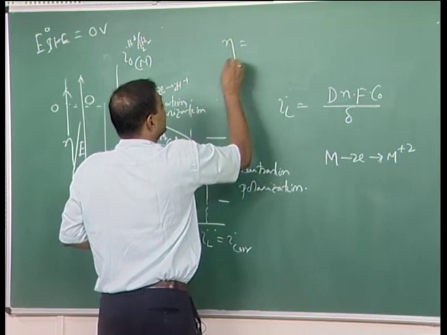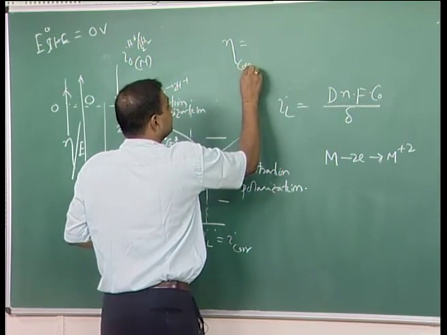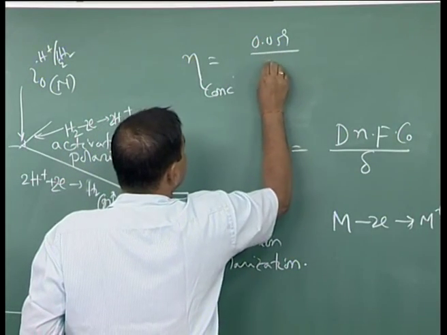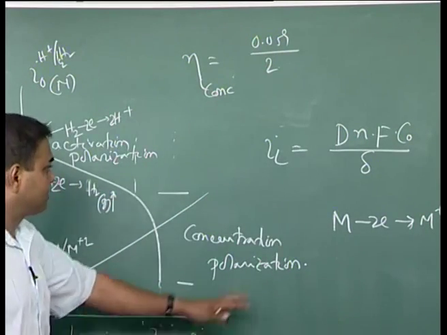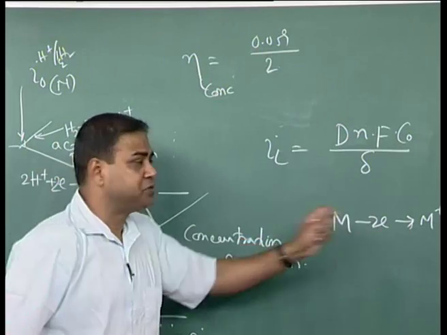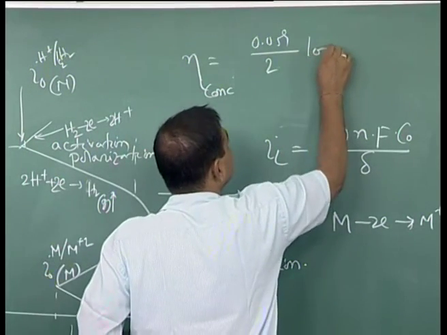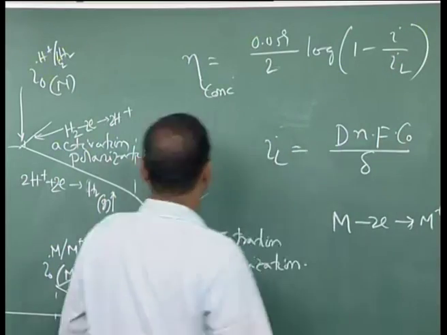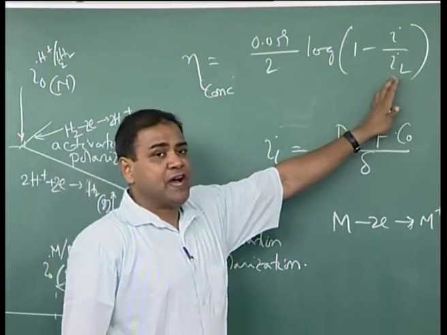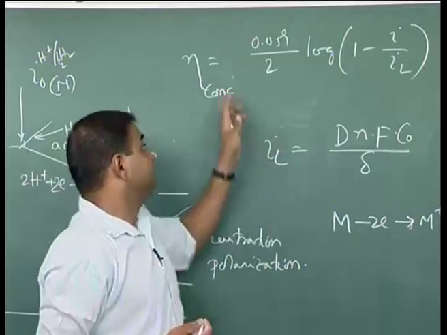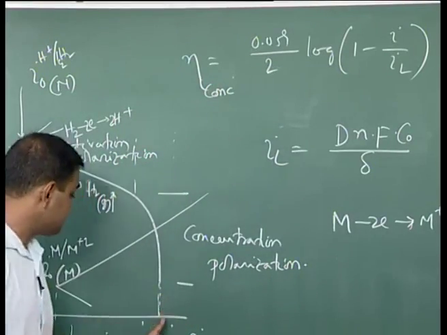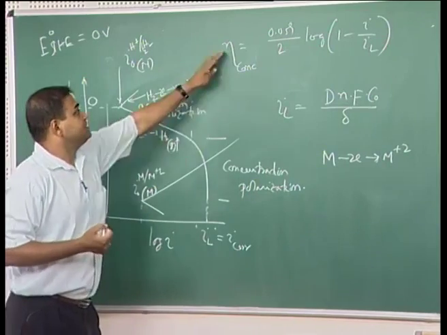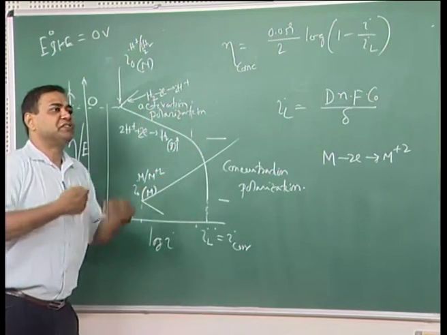From this polarization, in this case n would be 2 because I have taken 2 electrons, so log of 1 minus I by IL. Now, if I equals IL, this becomes infinite. So, once the current density becomes equal to IL, the concentration polarization becomes infinite.